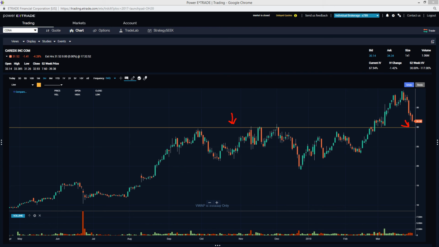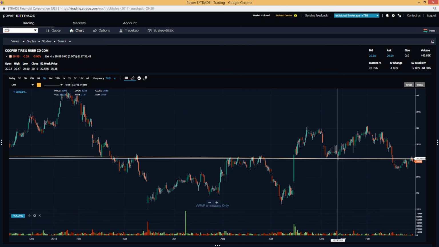So now, since it did break through this line right here, the $30 mark, what we expect to see is a support line form here. Let me give you some examples of these companies that have broken through that resistance line, and that resistance line turned into a support line.